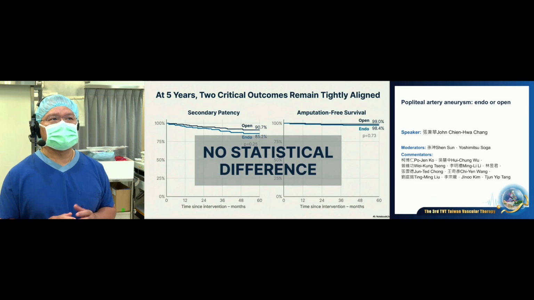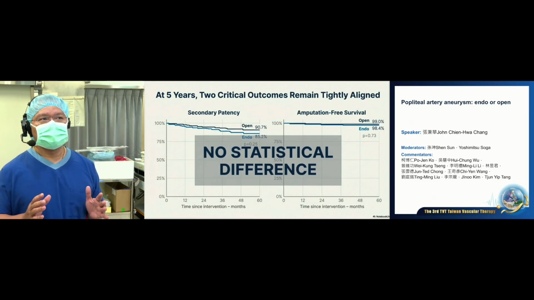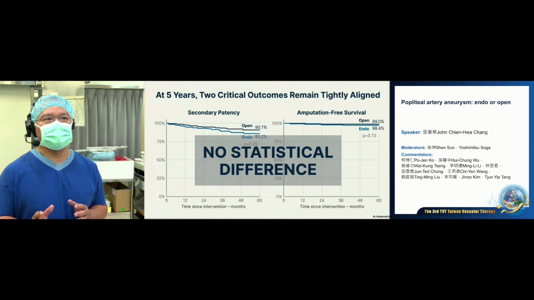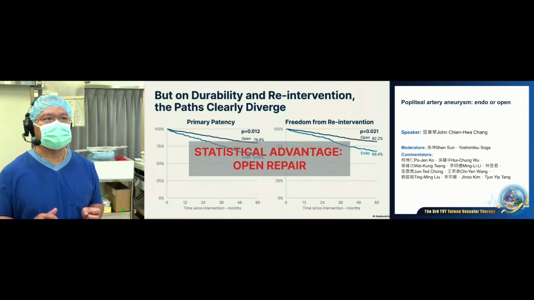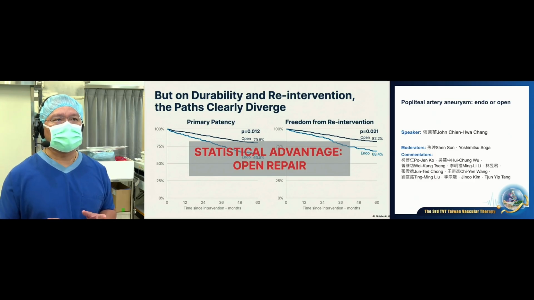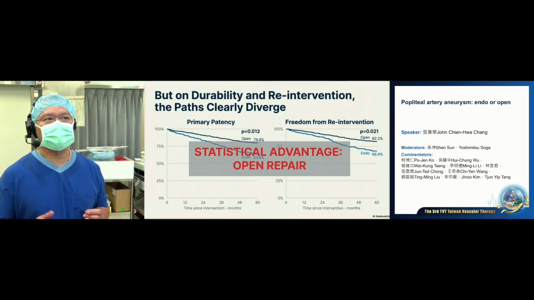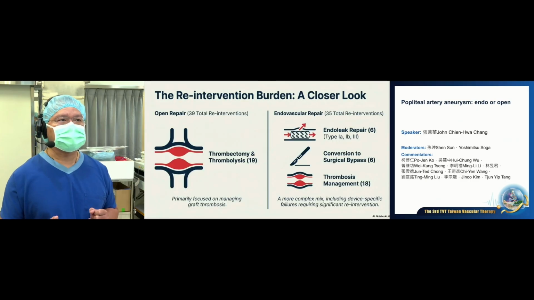At 5 years, if we look at secondary patency and amputation-free survival, the 2 groups are the same. But in primary patency and freedom from reintervention, the open group is much better than the endo group.